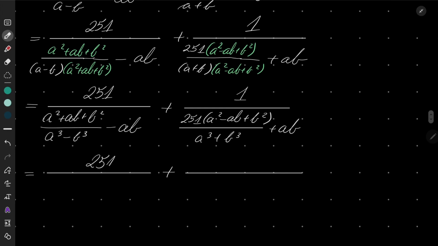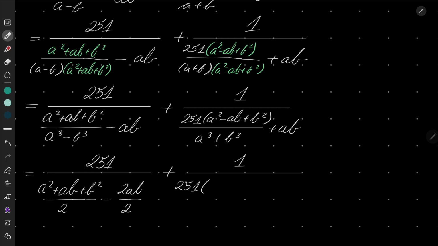Here we have 251, and recall that a cubed minus b cubed was just 2. We have 2, and here we have a squared plus ab plus b squared. And here let's write minus 2 times ab over 2, because I will have a common denominator in a moment. And here I have the following: a cubed plus b cubed, it's just 2 times 251.